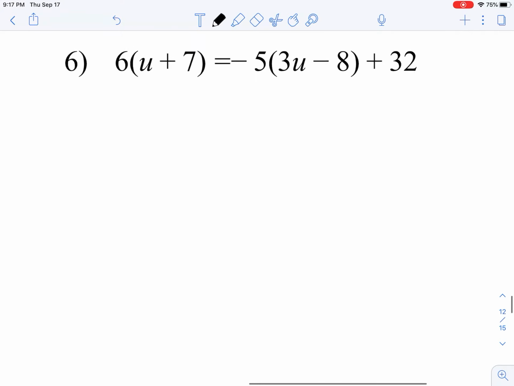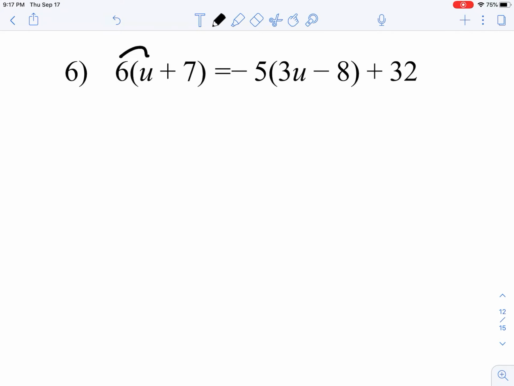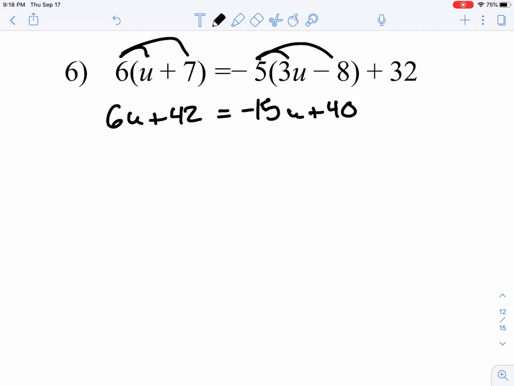All right, next one. Now I've got two sets of parentheses, so I'm distributing there and there. So this would be 6u plus 42 equals -15u plus 40 plus 32. Okay.